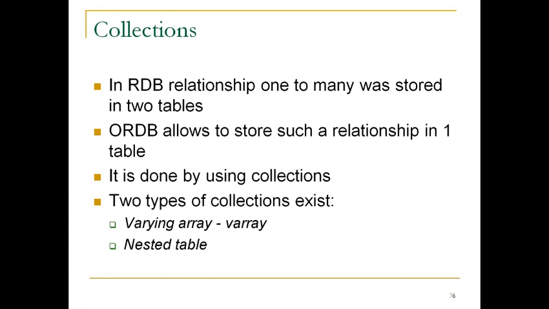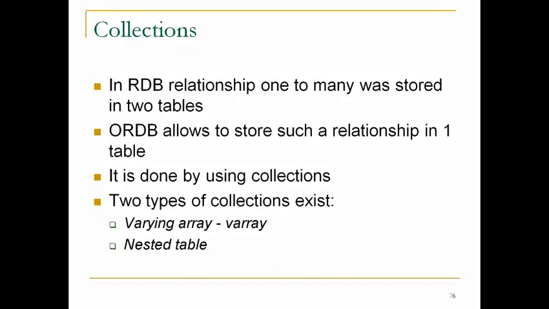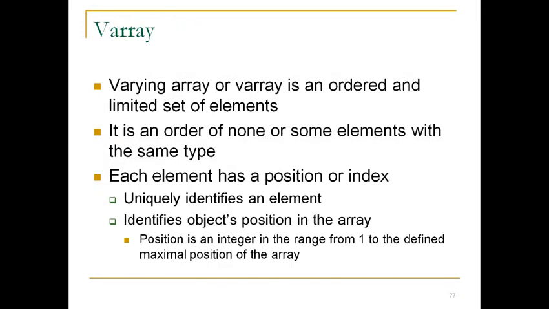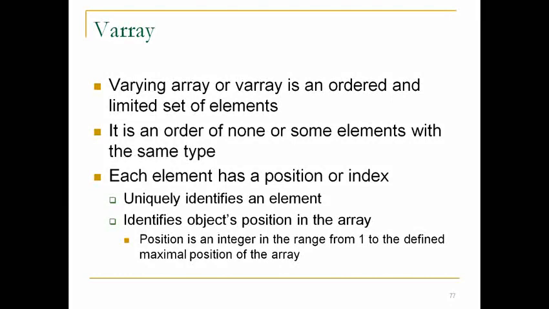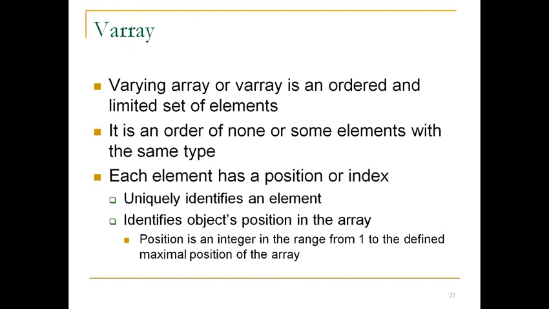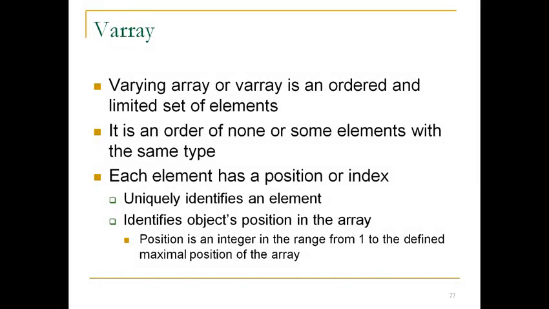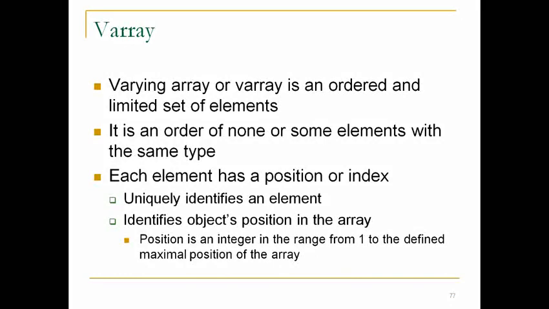As I said, there are two types of collections. Actually, I've illustrated the idea of nested table, but varying array is very, very similar. I'll show you both of these things. Varying array, abbreviated as varray, is an ordered set of elements. There are some elements that have defined order.